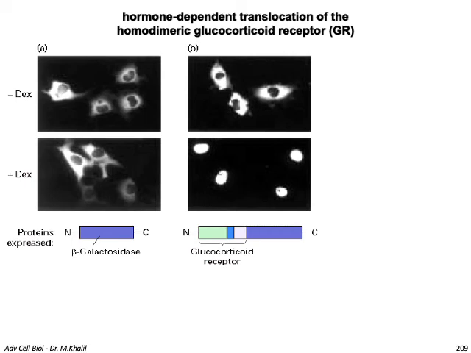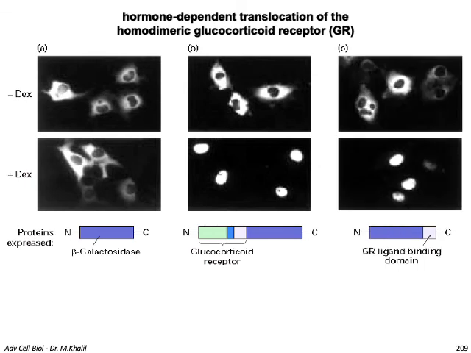Once we add DEX, which is a ligand, this protein is translocated from the cytoplasm into the nucleus, because the brighter color is now inside the nucleus. So it is only translocated in the presence of DEX, which mimics the glucocorticoid.